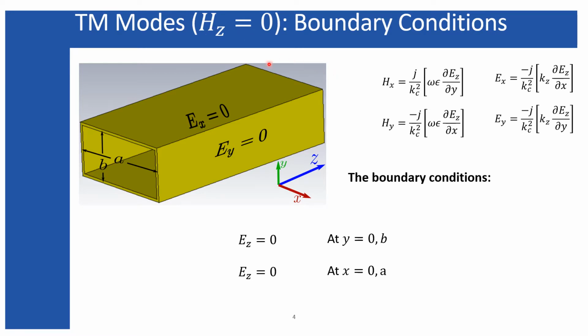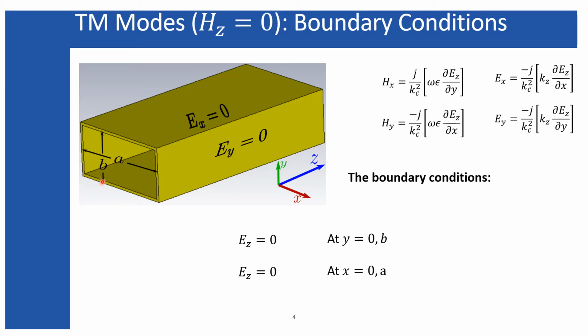But in this case, since Hz is equal to 0, we are free to choose Ez as the element to consider for the boundary conditions. So Ez I consider equal to 0 at y equals 0 and y equals b, because Ez is directed along the z direction.